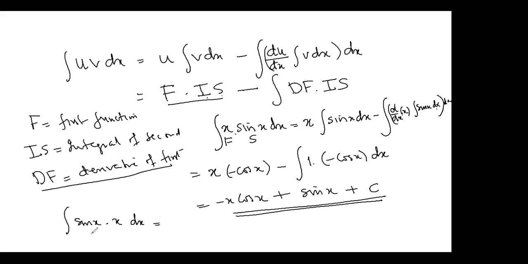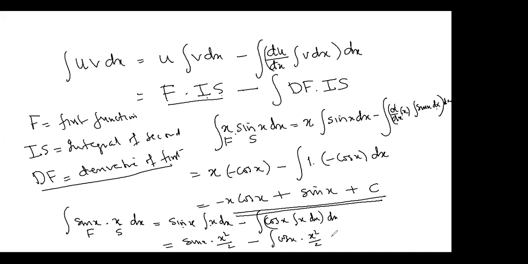What you'll do is, if they say take this as first and this as second, it will be first into integral of second, integral of x dx, minus integral of derivative of sin x, I'm writing directly cos x, into integral x dx, whole into dx. What happens here is sin x into x square by 2 minus cos x into x square by 2. What is happening? This is not getting terminated.